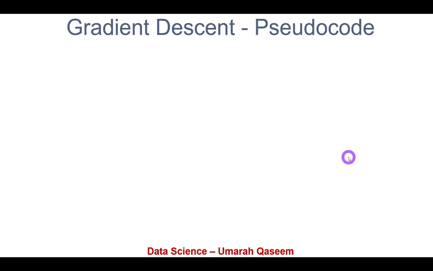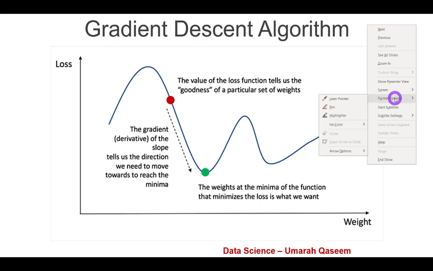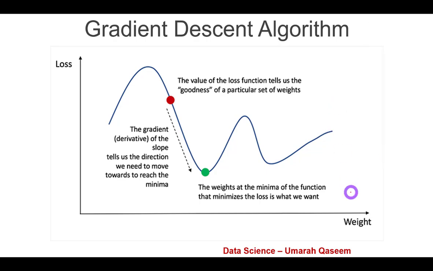Let's quickly understand what gradient descent is, and then we'll look at its pseudocode. To understand the gradient descent algorithm, we need to look at the plot of loss and weights, right? Loss is actually the difference between the actual value of y and the predicted value of y. y is the variable that we are predicting.